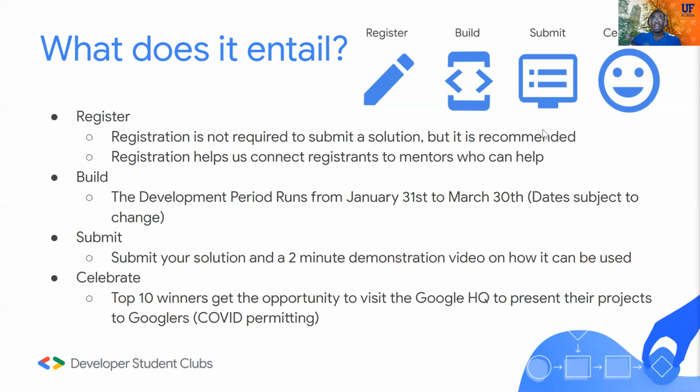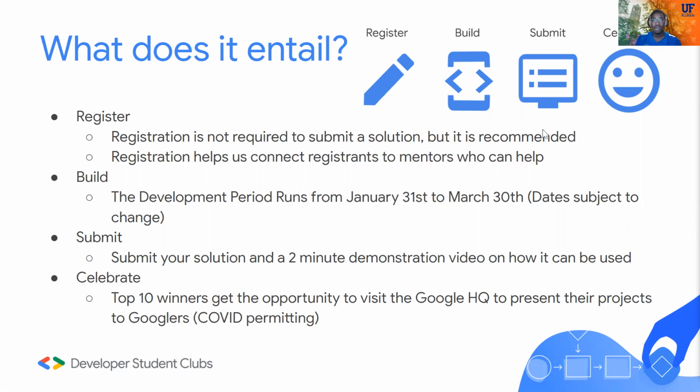The submission occurs at the end of the developmental period, and it can happen anytime you want, basically whenever you finish your actual project, and it just has to be any date before March 30th at 11:59 Pacific Standard Time. The biggest part about the submission itself is that you must include a 2-minute demonstration video on how it can be used.